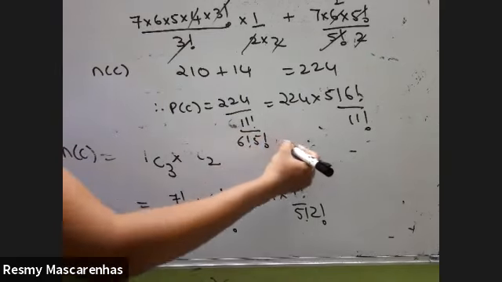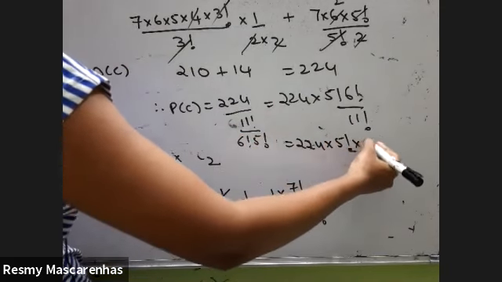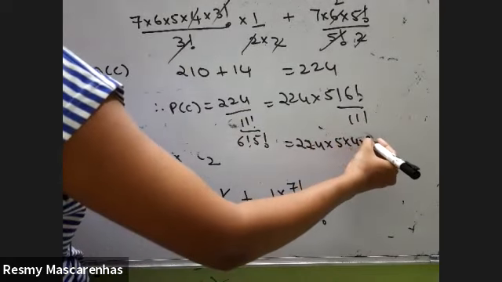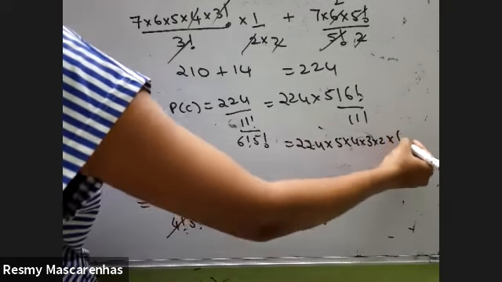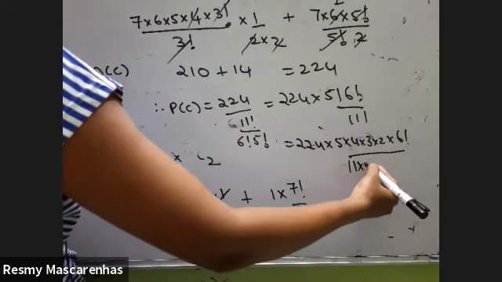So that will be 224 upon 5 into 6 factorial. 11 will be split till you reach 6.